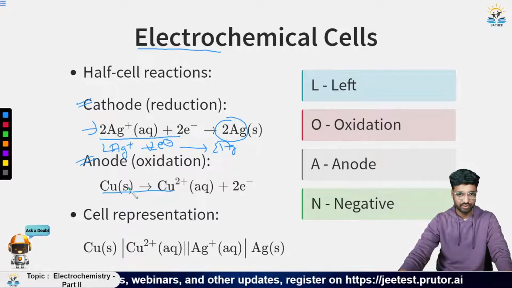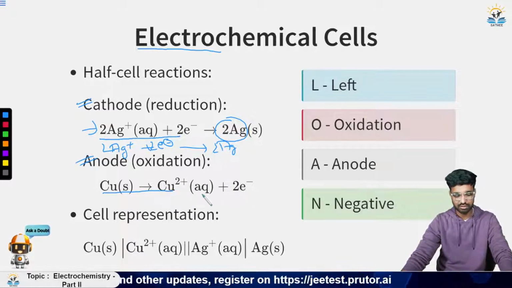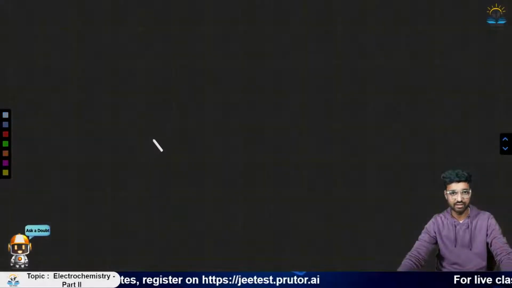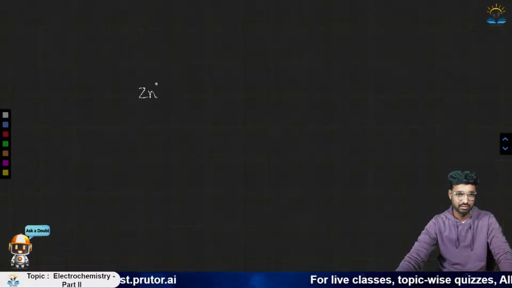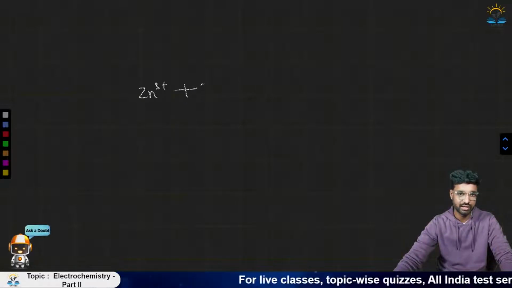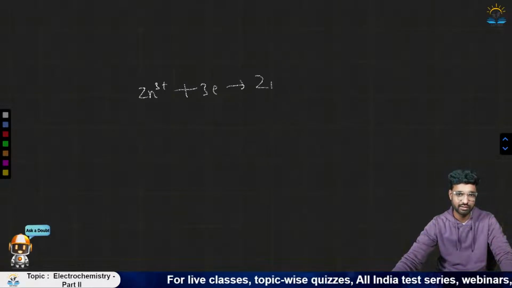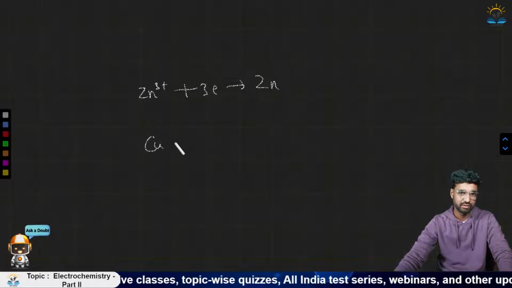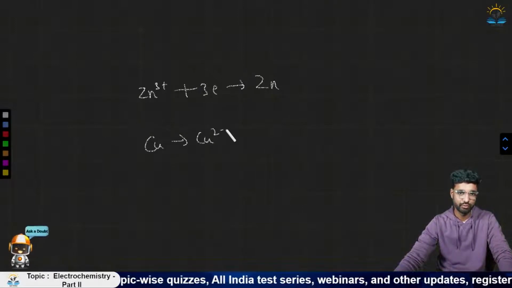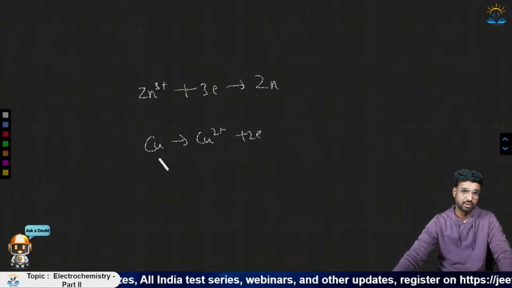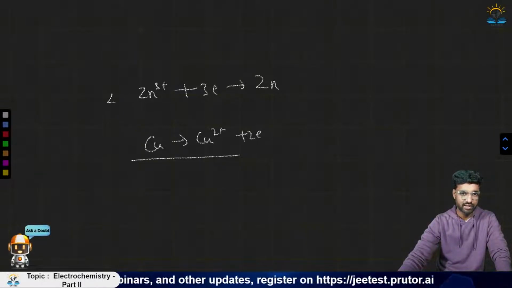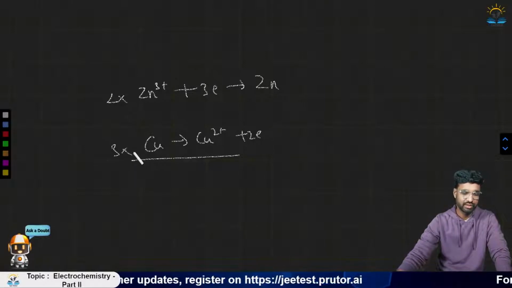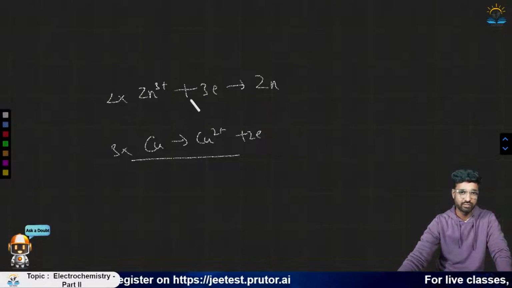Now similarly for Cu2+ plus 2 electrons. Now suppose we have another equation like this. Say Zn3+ is taking 3 electrons and going to Zn, and in another example, Cu is going to Cu2+ plus 2 electrons. If we want to take the overall reaction, we multiply this by 2 and this by 3, so that the number of electrons becomes the same on both sides.